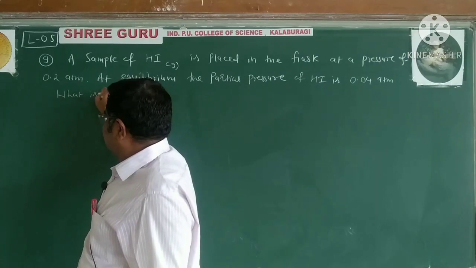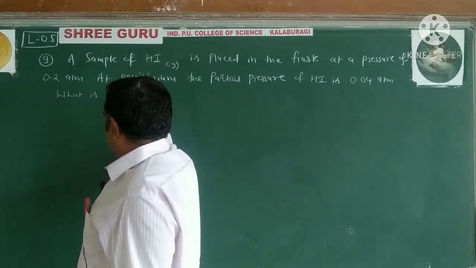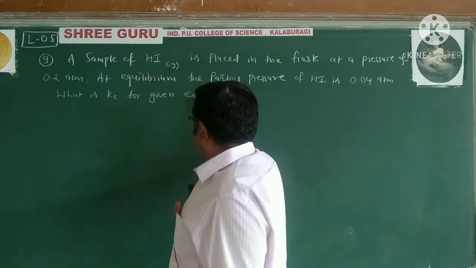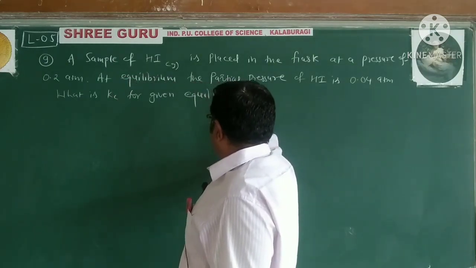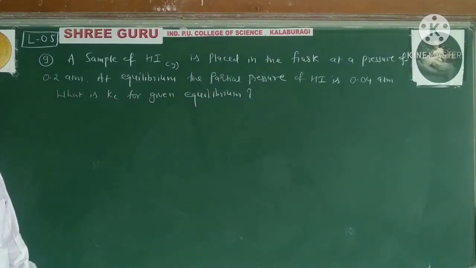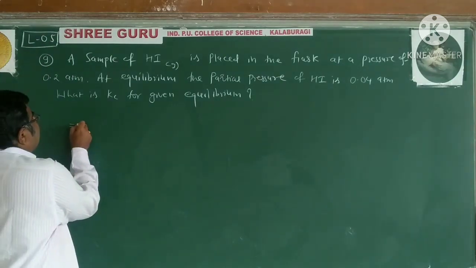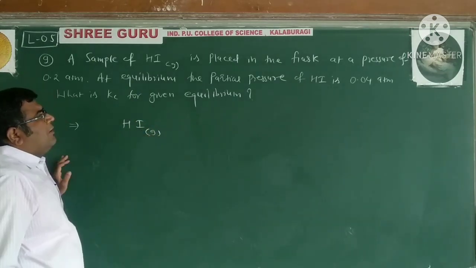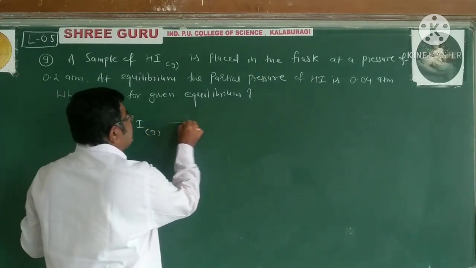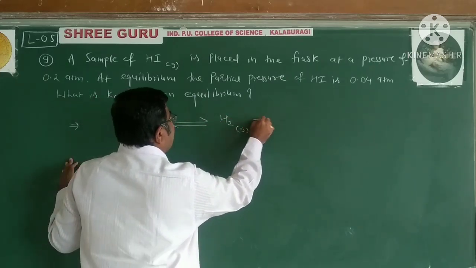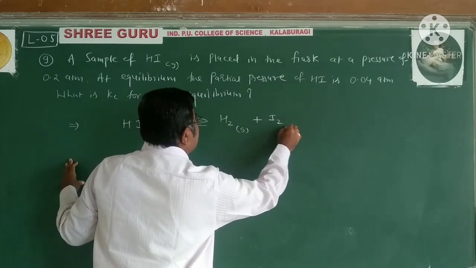So they ask us to calculate the equilibrium constant Kc for this reaction. They have initially started with hydrogen iodide in gaseous state, and when equilibrium is reached, we have hydrogen and iodine in gaseous state.